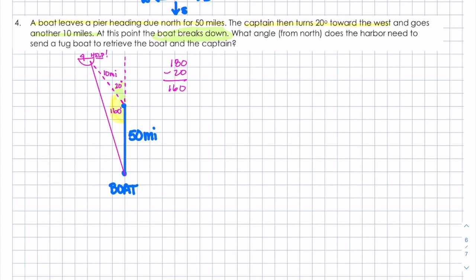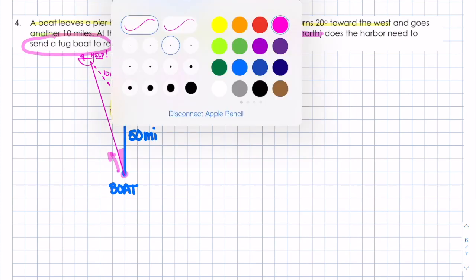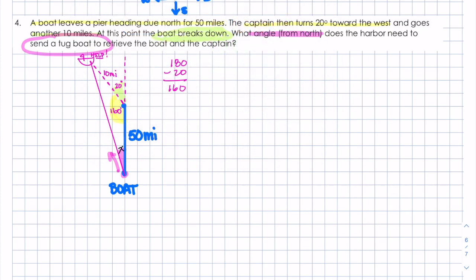So notice the question says, what angle, from north? So pretty much here. Which angle does the harbor need to send a tugboat? So they're going to pretty much do like a tow truck on this boat. So they're pretty much saying if this is the harbor, this is where it starts, what angle would I have to send it out to reach the boat? So we're trying to find this variable x.